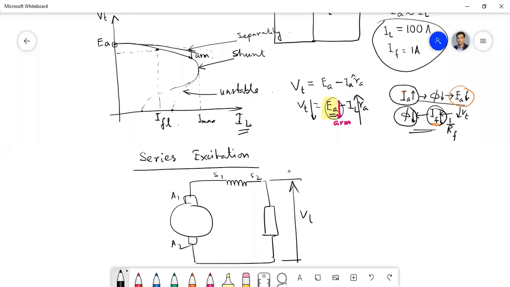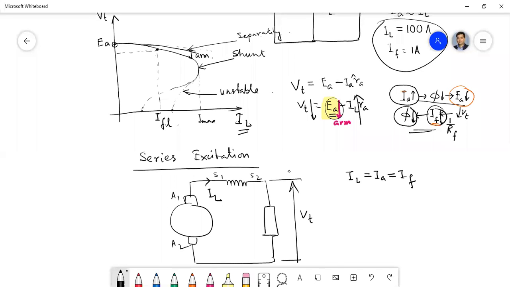Sir, how will the load characteristics of the series machine be? Here all the currents are the same. Whatever the load current, that is equal to the armature current, that is equal to the field current, because all are connected in series.